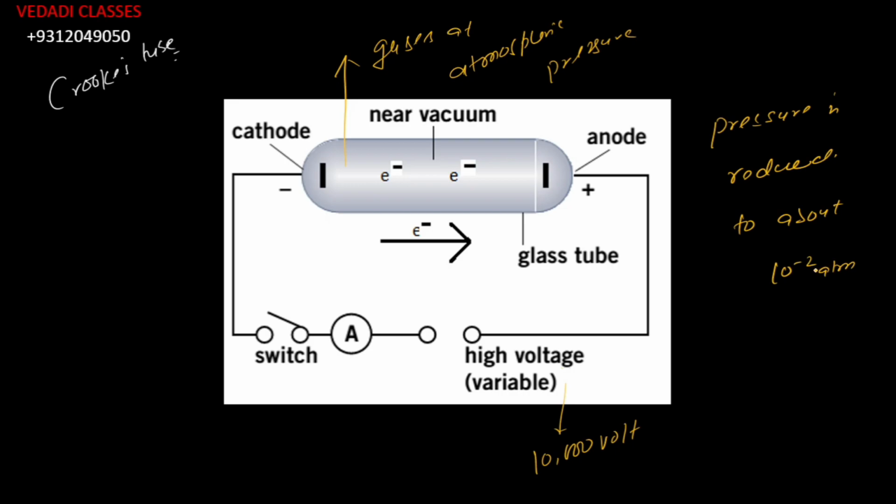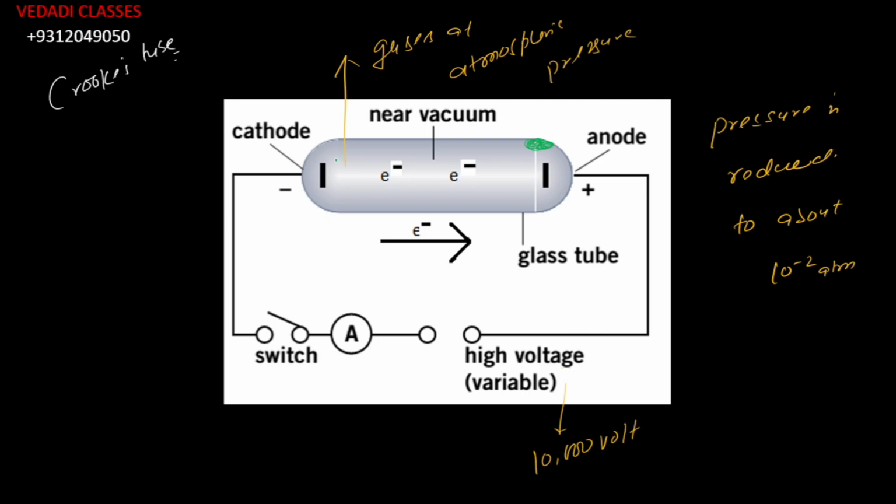As the pressure is reduced, what happens? When the pressure is reduced, the current starts flowing between the electrodes, and a colored glow is observed. There's a green color basically. Greenish color is observed as the pressure is reduced to 10 power minus 2 atm.